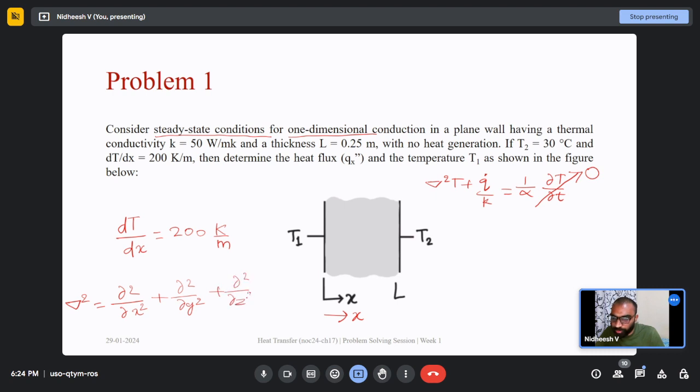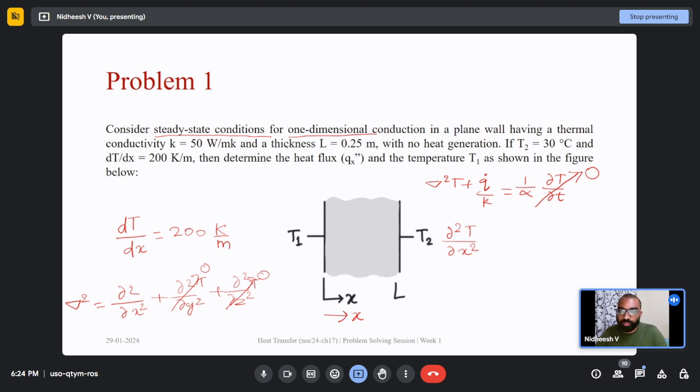This is the Laplacian operator, right? When we say 1D, we can neglect these two. Dou square T by dou y square and dou square T by dou z square would go to 0. So this del square T term, we can simply replace by dou square T by dou x square. That is the implication of one-dimensional conduction.